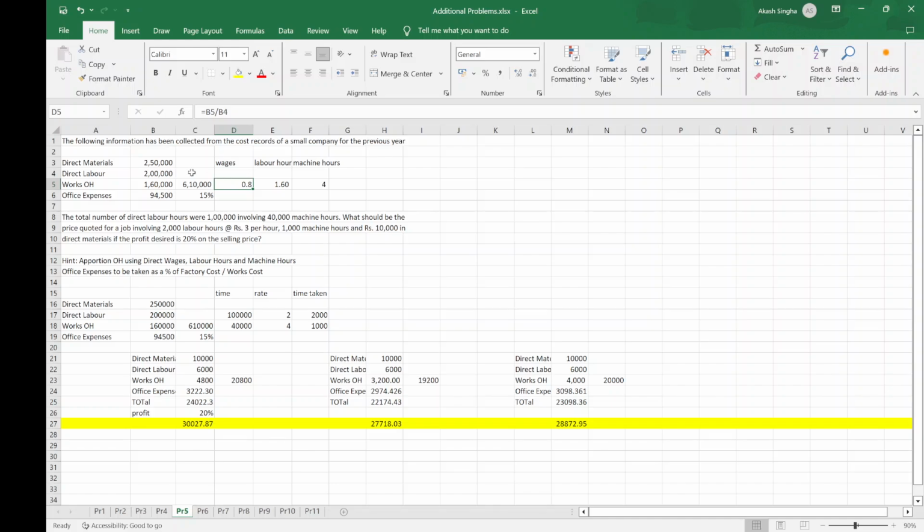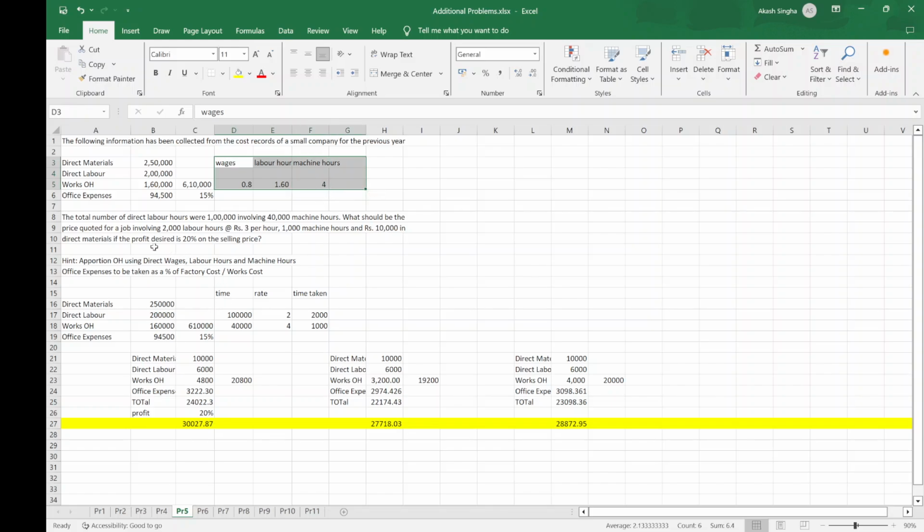If it is labor hour, labor hour is given as 1 lakh. So 1 lakh 60 by 1 lakh is 1.6. The machine hour is 40,000, so 1 lakh 60 by 40 is 4. These are the rates given.